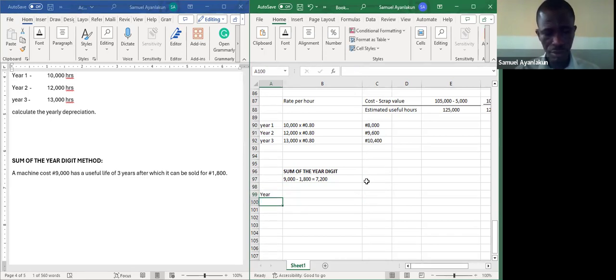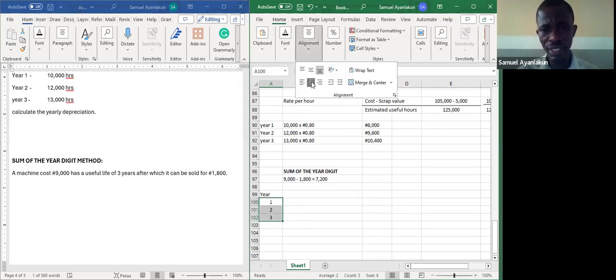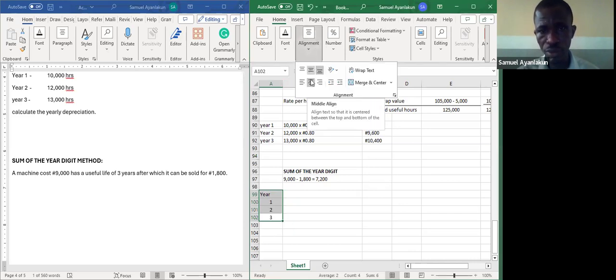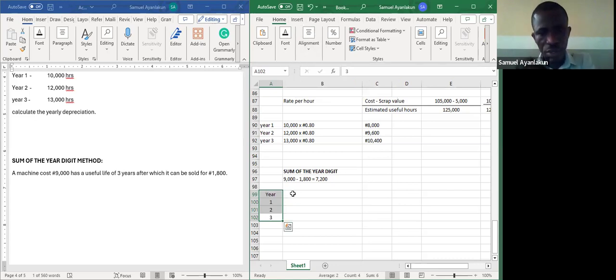Because we want to do sum of the year digits, we have the digits 1, 2, and 3 for the years. Sum it up.